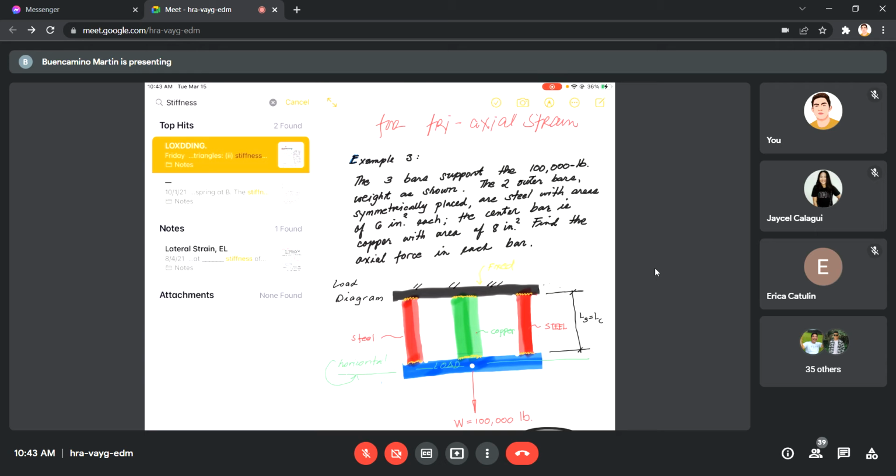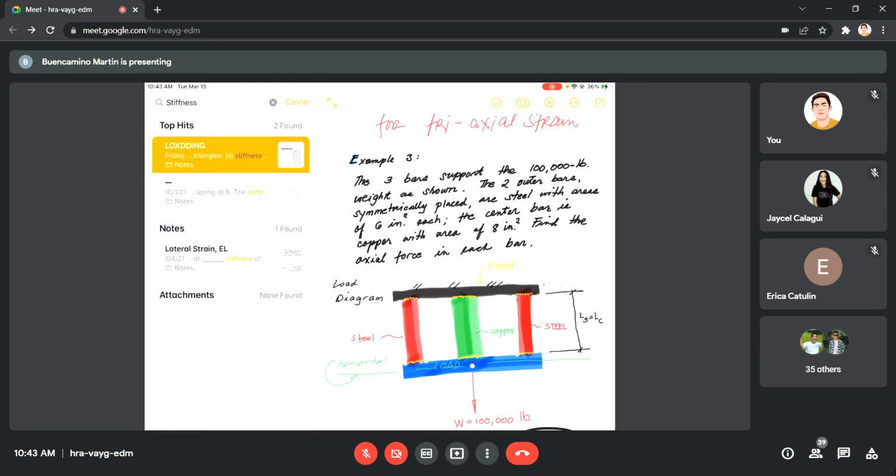On the 2 sides, this is made of steel, with a cross-section area of 6 inches square each. Doon sa center naman, mas malaki yung area niya, 8 inches square, pero siya ay copper.